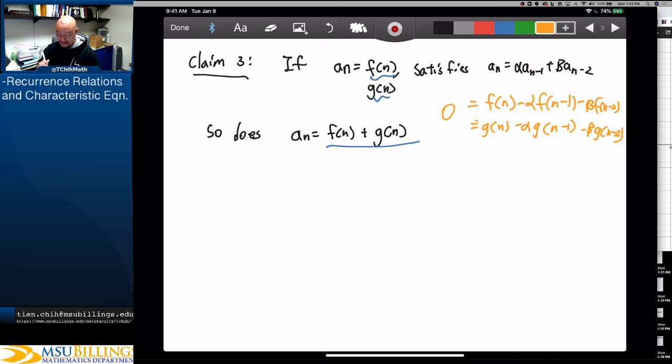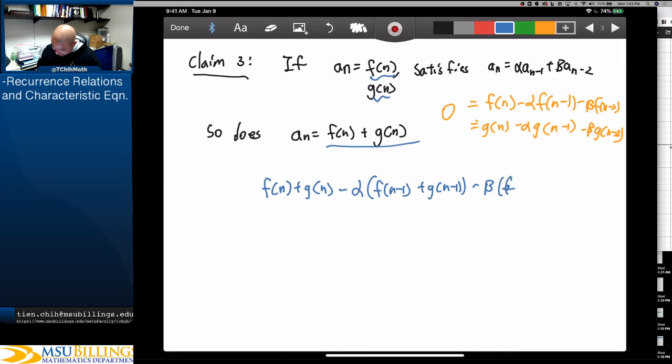So if I take f plus g, minus alpha times f of n minus 1 plus g of n minus 1, minus beta times f of n minus 2 plus g of n minus 2.